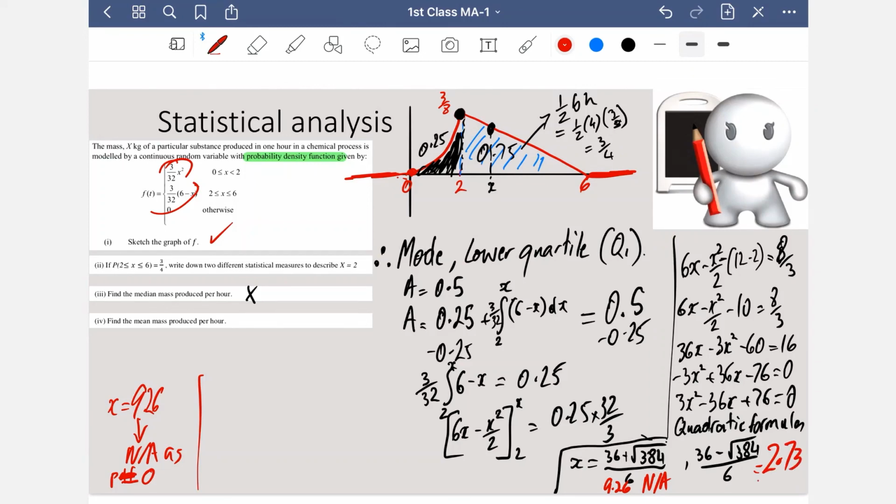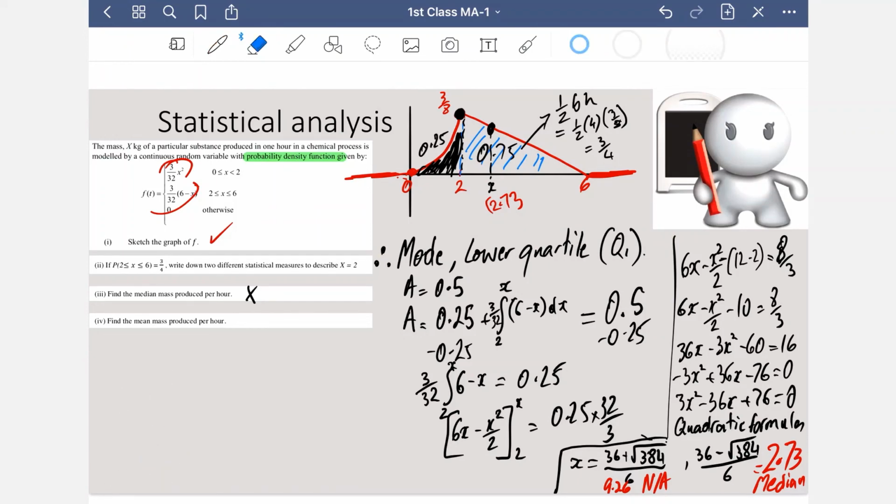And now this answer over here, 2.73, and that's your median, all right? So let's write this one over here, 2.73, that's my median, all right? Now the last one is all in relations to the mean of this PDF. Ooh, let's try to fit it in over here. All right, now the mean of the PDF.